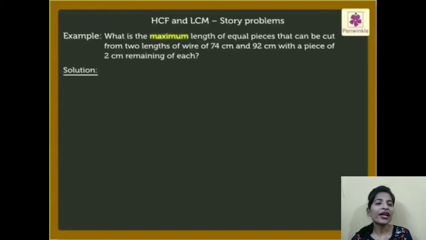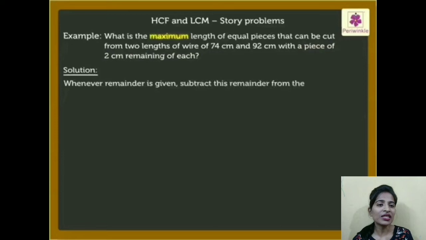Here we need to find the maximum length, and in this question a piece of 2 cm remains of each. So first we will subtract the remainder. Whenever a remainder is given, subtract this remainder from the given numbers. Therefore 74 minus remainder 2 is equal to 72, and 92 minus 2 is equal to 90.